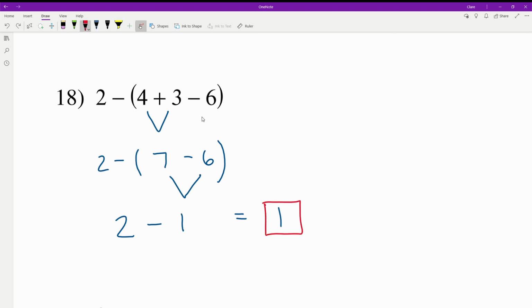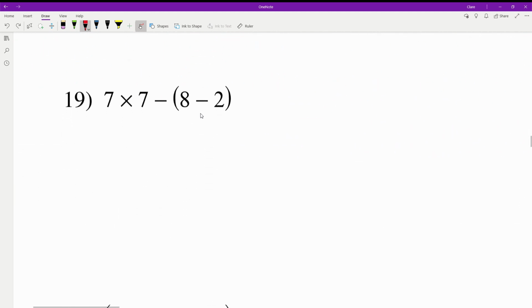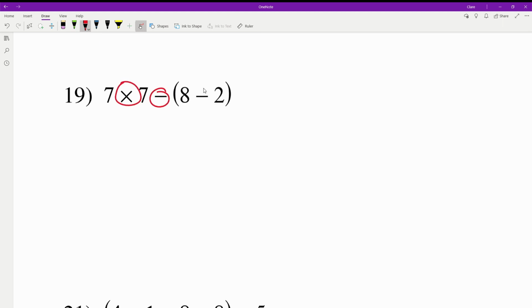Let's move on to number 19. In number 19, I have 7 times 7, so multiplication, and then I'll be subtracting 8 minus 2. What am I to do first? My parentheses. So whatever's inside of those parentheses. 8 minus 2, that's going to give me 6, so I'll have 7 times 7 minus 6.